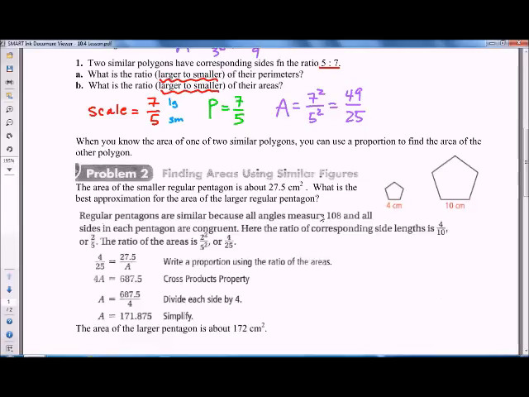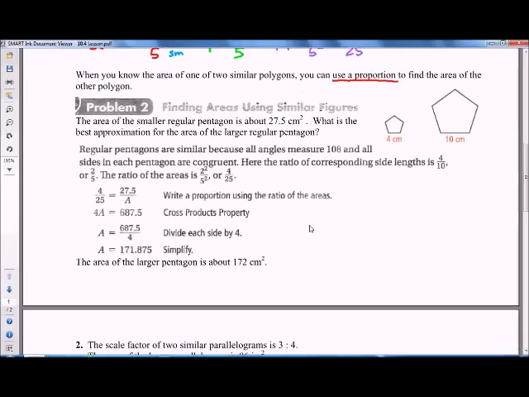This allows us to find missing parts. If you know the area of one of a similar polygon, you can find the other area using a proportion. We're going to be using proportions again. So in our example here, we are told that the smaller pentagon has an area of about 27.5 centimeters squared.